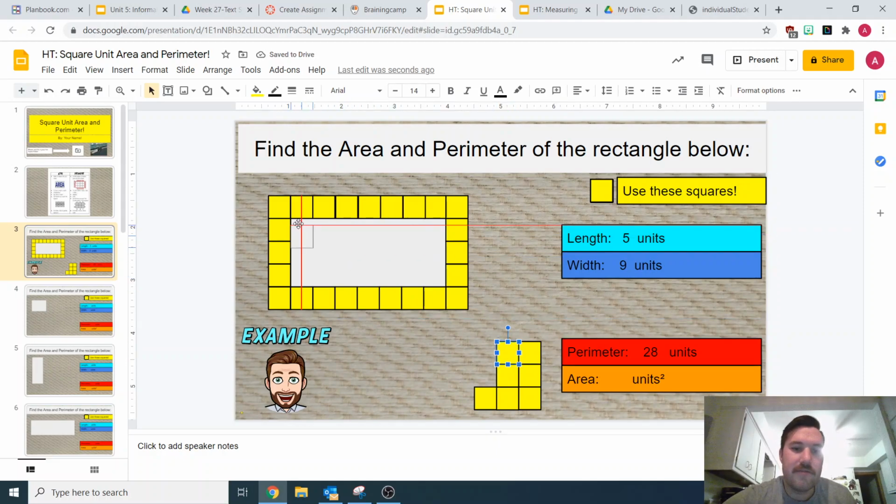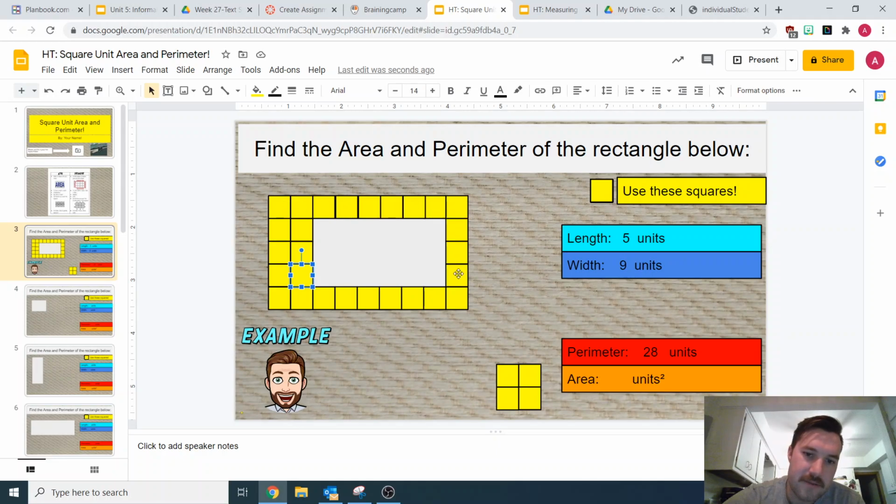Now, you can find perimeter two ways. You could just count, or if you want to be a little advanced, you could say the length is 5, so I'm going to add all my sides together. 5 plus 5 is 10, plus 9 plus 9 is 18, and 18 plus 10 is 28.